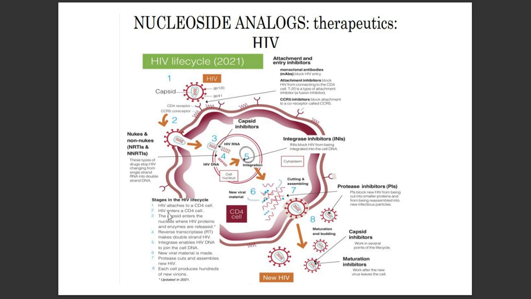And then the next thing is that HIV enters a CD4 cell. The capsid enters the nucleus, where HIV proteins and enzymes are released, the nucleus of the host. And then the process continues like that as we've described.